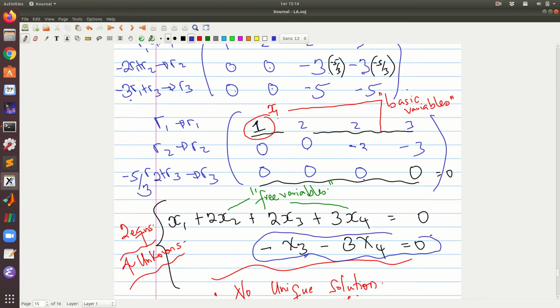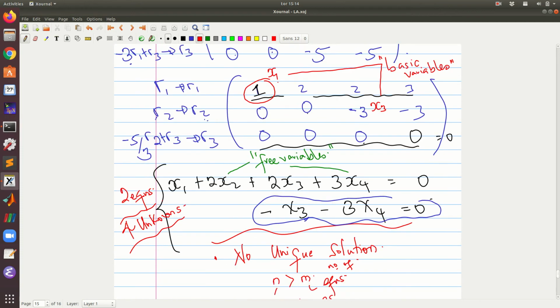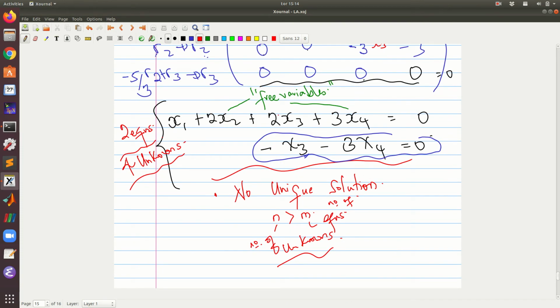However, it is -3 and not -1, because with row 2, we put row 2 in row 2, we didn't change anything. So this is x3 as well. It corresponds to x3 and it is a basic variable. So we have a 3 that is missing here.